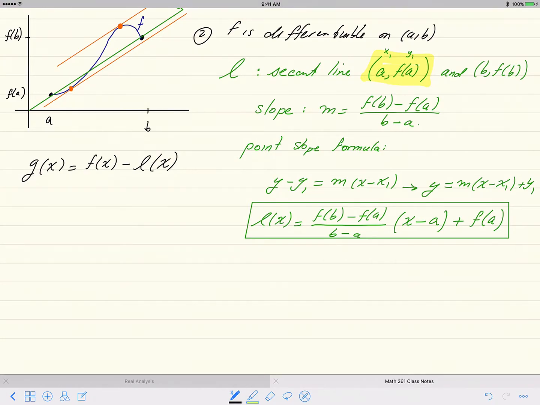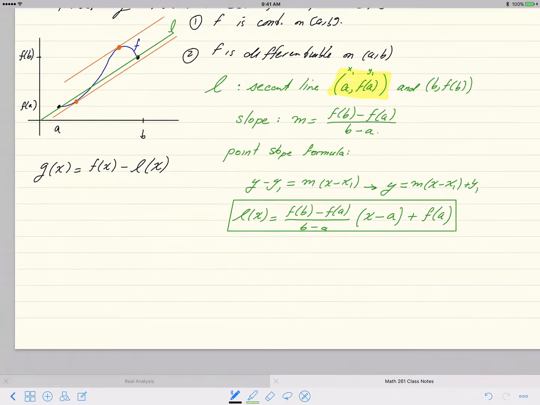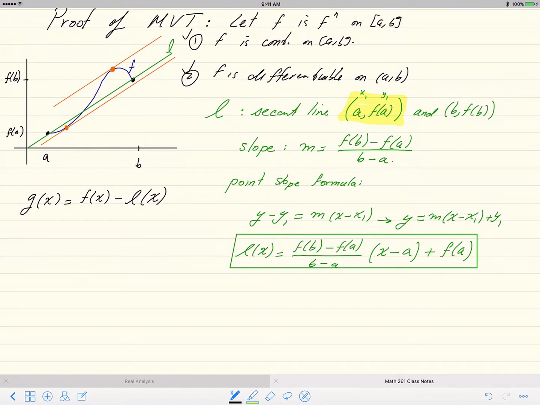And the idea is the mean value theorem has these two conditions, 1 and 2. We're going to build another function called g that has 1. G is continuous on the closed interval AB.